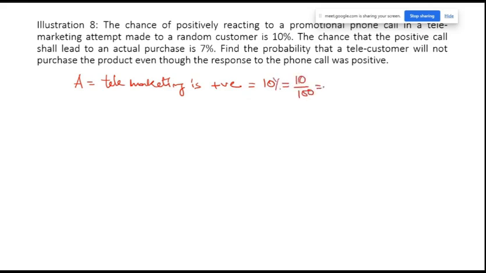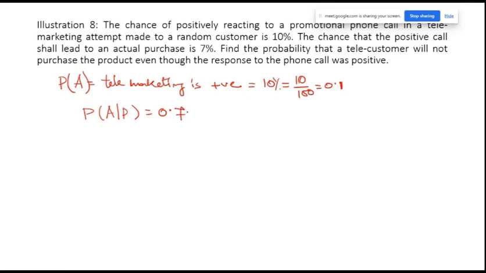So 10% is 10 by 100, so that is 0.1. And then the chance that a positive call will lead to an actual purchase is 7%. That means a positive call leads to an actual purchase. So the probability of A given P is equal to 0.7.